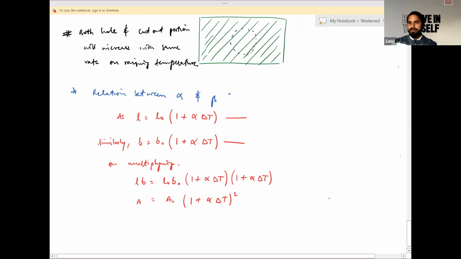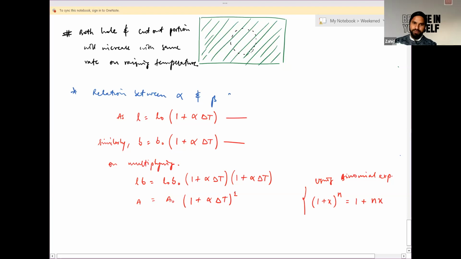Now, according to binomial expansion, as we have (1 plus x) to the power n, on expanding it will be 1 plus n times x. It means the exponent will get multiplied with the coefficient of x.